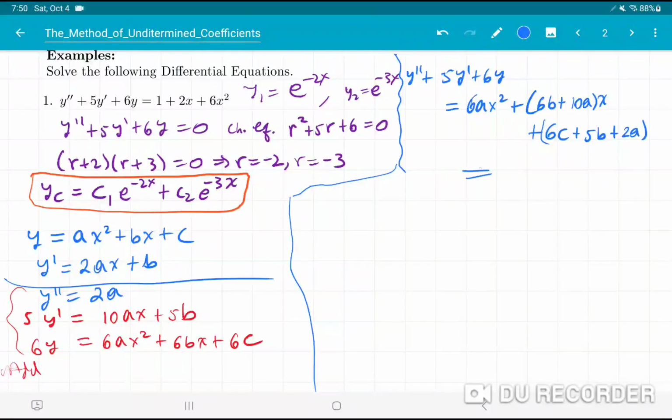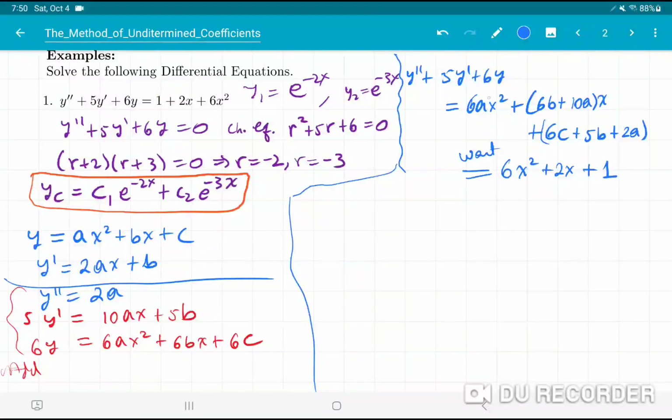So we want this to equal 6x squared plus 2x plus 1.